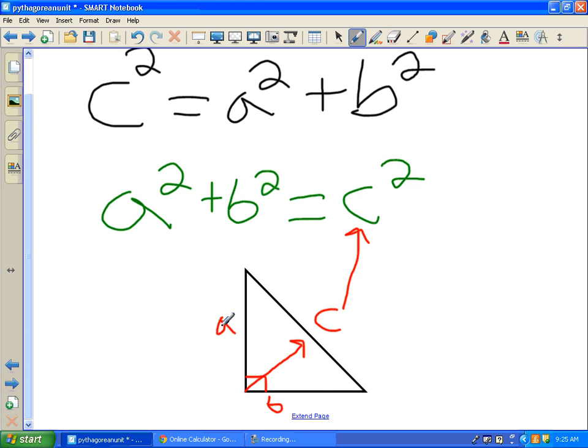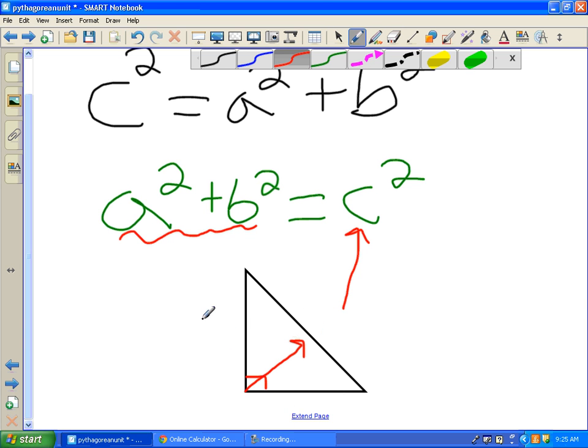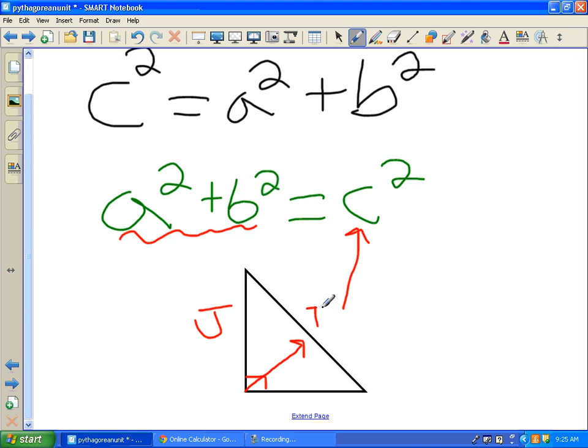Which one you have as A and which one you have as B for the other two doesn't really matter, as long as you put them on the other side of C. I can change whatever letters I wish, really. I could have had this be J, T, and W. Then all I have to do is put this, which is really the c squared, in my formula, so that belongs there. The J doesn't matter if it goes there or there, and the W will go right there.